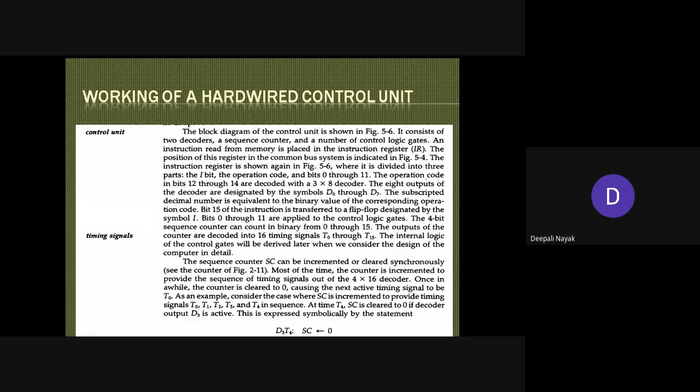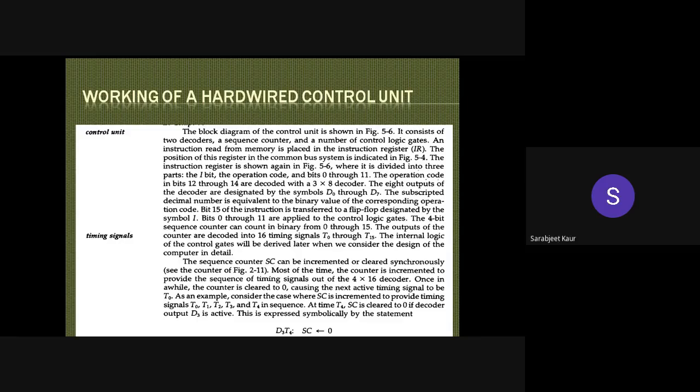At time T4, the sequence counter is cleared to 0 if decoder output D3 is active. This is expressed symbolically by the statement D3 T4: SC := 0.